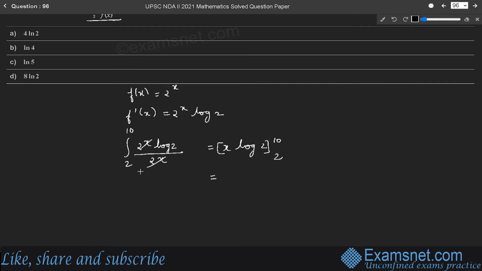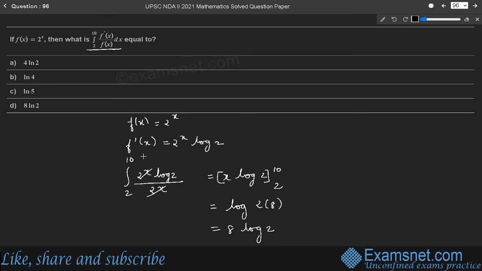So it will be log 2 into 8, so it will be 8 log 2. We know that log m to the power n is n log m. So the correct answer for this question is option number D, which is 8 log 2.